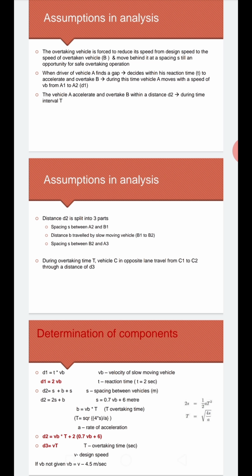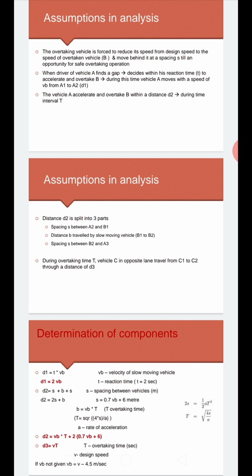IRC suggests an average reaction time of 2 seconds, so d1 will be 2 into vB, where vB is the speed of the slow moving vehicle. As your vehicle is moving at the slow moving vehicle speed, d1 is equal to 2 into vB.